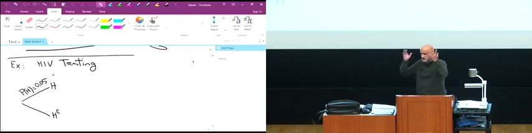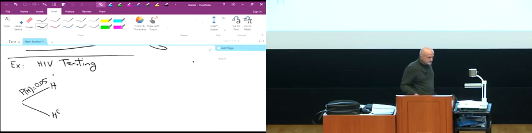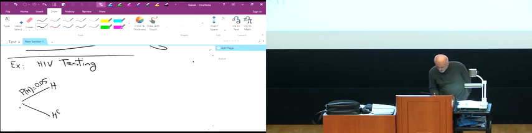Okay? I'm just coming up with a number. This is not a political statement or social statement. Which means the probability that the person is not actually infected is what? 95%.